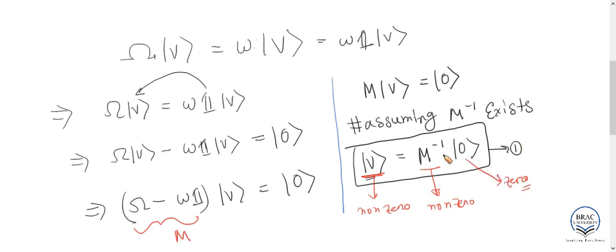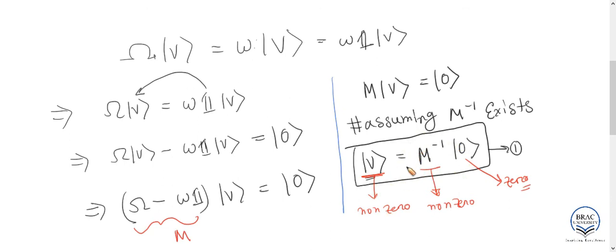Think of it like this: the 0 vector has all the components as 0, and you are acting with some M inverse that has non-zero elements, and it is turning that 0 vector into something non-zero.